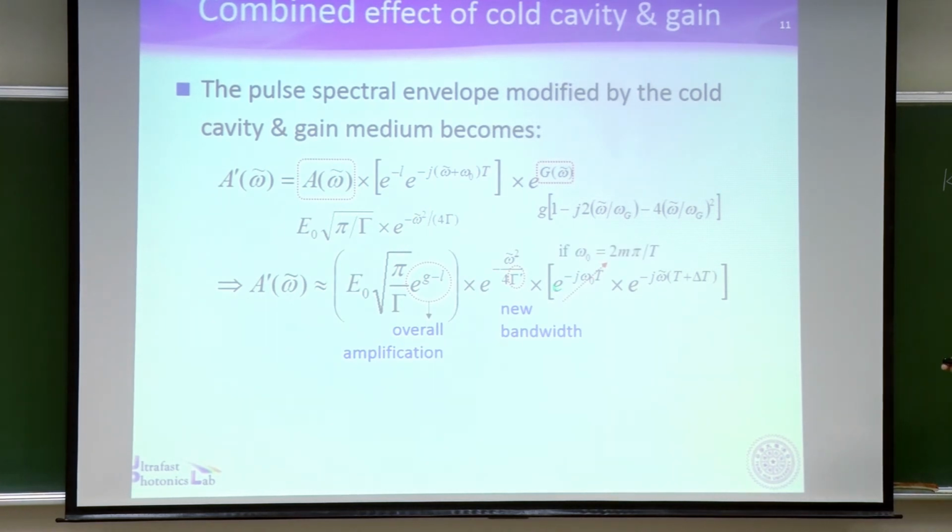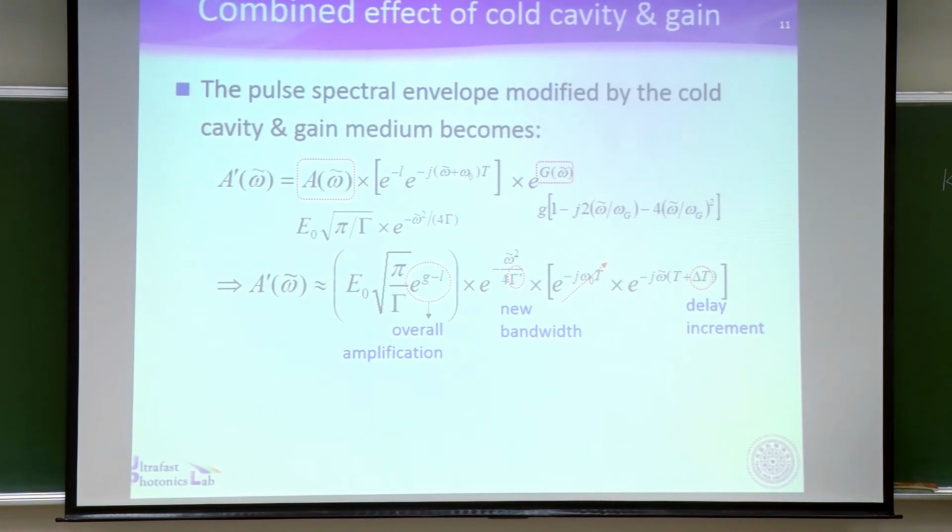And this term usually can be dropped because if your central frequency happens to be some integral multiple of the mode spacing, then the phase is 2 pi, you can drop it. It's just equal to 1. And there is one interesting contribution here. Okay? In addition to the cavity delay, big T, which is shown here, you have a delay increment.